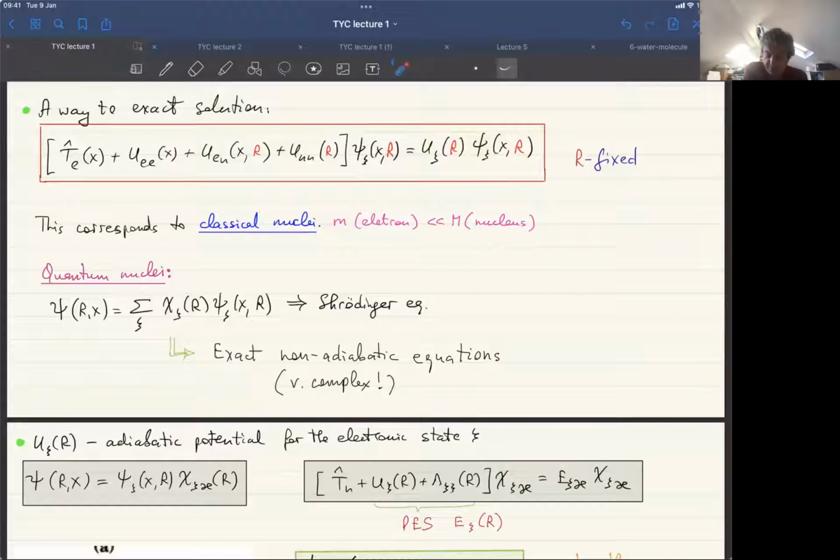And this is quite convenient, because if you think about it, we would expect that that energy would have minima.